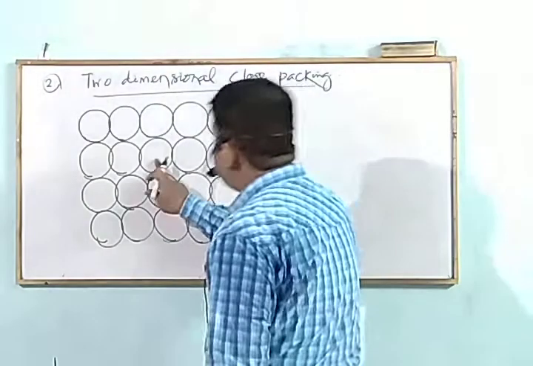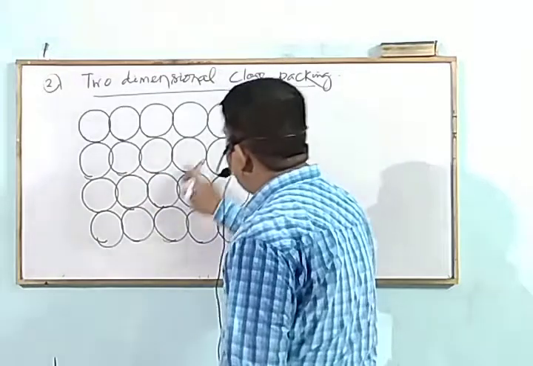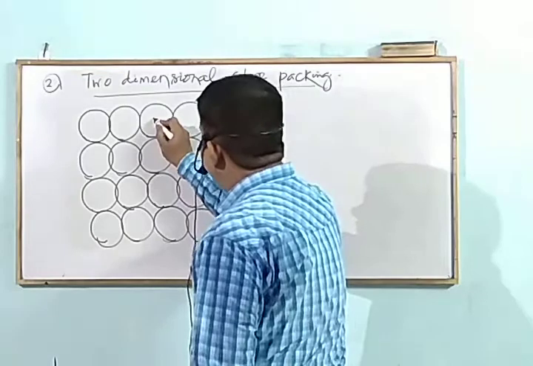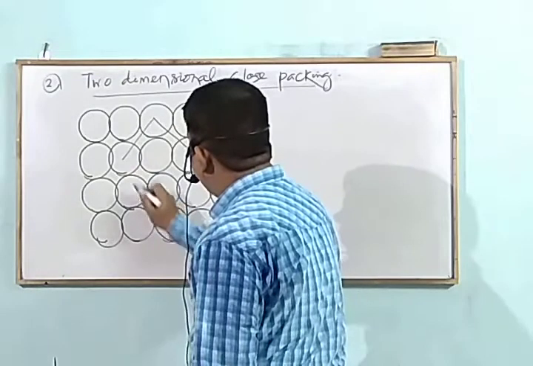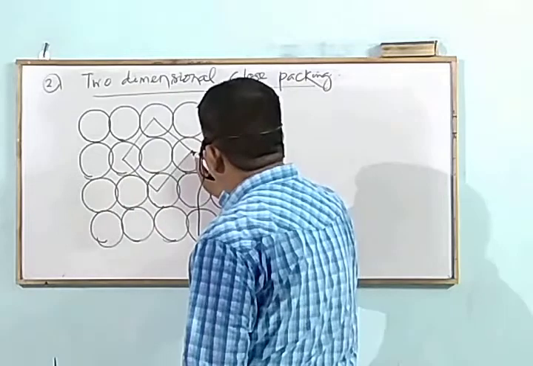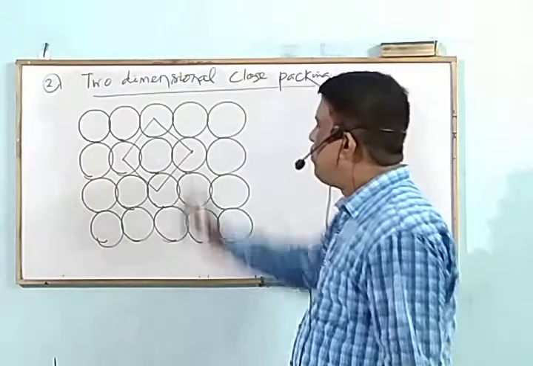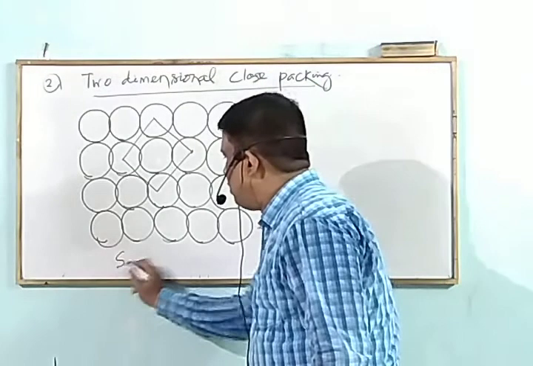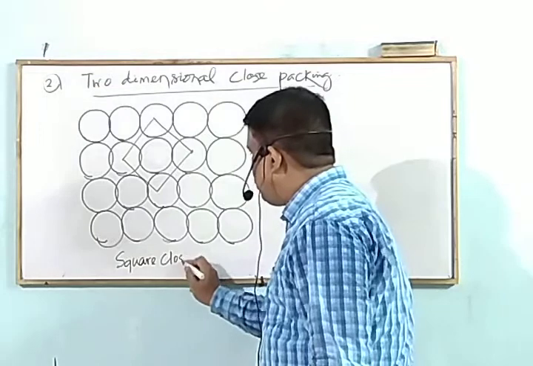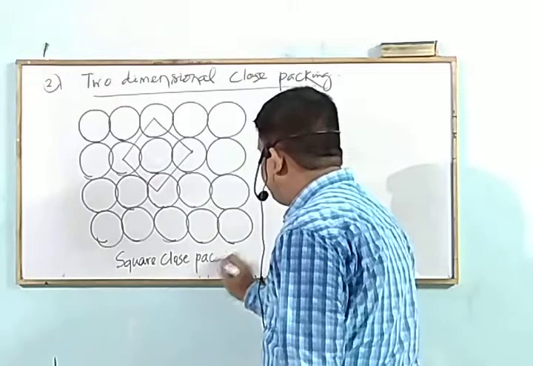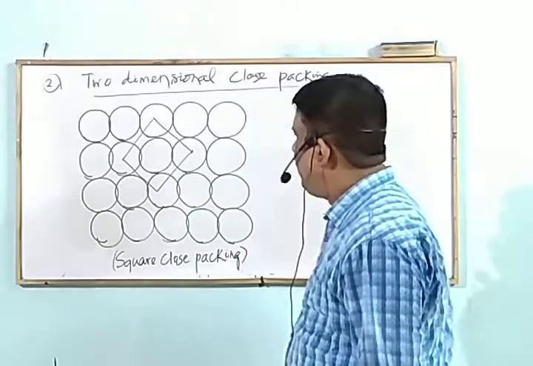that each sphere, mark that, each sphere comes in contact with four other spheres. So if we join the centers of the four spheres, then a square is formed. So this type of packing is known as square close packing. I repeat again.